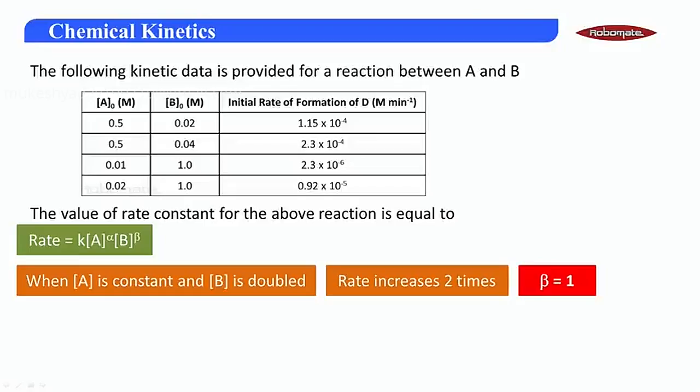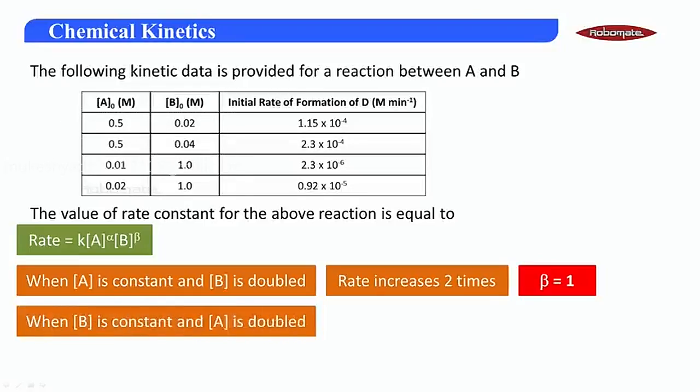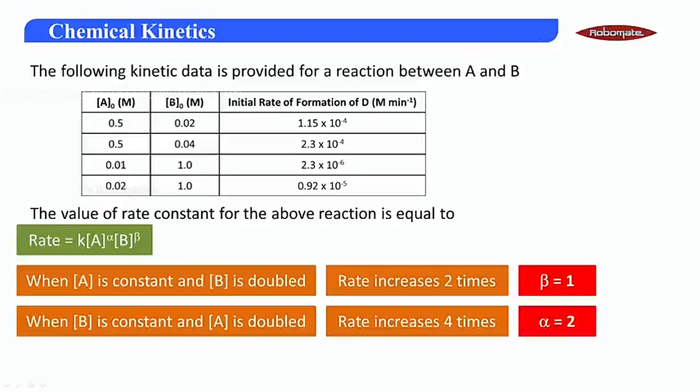In a similar fashion, when the concentration of B is constant and A is doubled, which happens in the last 2 rows, it's pretty obvious that the rate increases by 4 times. B is constant, A is being doubled, and the rate increases by 4 times, which means obviously the value of alpha happens to be 2.